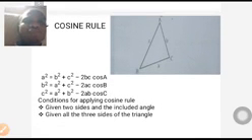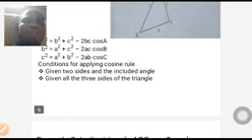Now, depending on the information given to you, if you want to find side a, you can use a squared is equal to b squared plus c squared minus 2bc cos A. Also, b squared is equal to a squared plus c squared minus 2ac cos B. And the last one, c squared is equal to a squared plus b squared minus 2ab cos C. Depending on the side you are asked to find, that will determine the one you are going to take from the three.